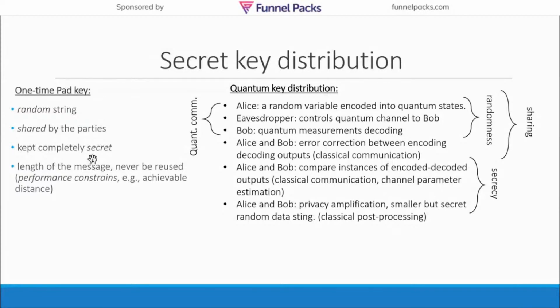So in order to do that, Alice and Bob, the two parties, exchange quantum states encoded with a random variable. Alice is sending these encoded states to Bob, who applies measurements in order to decode them.